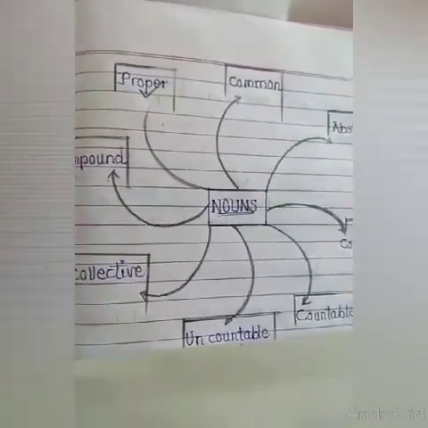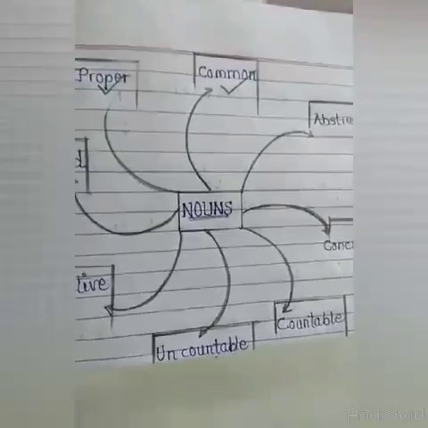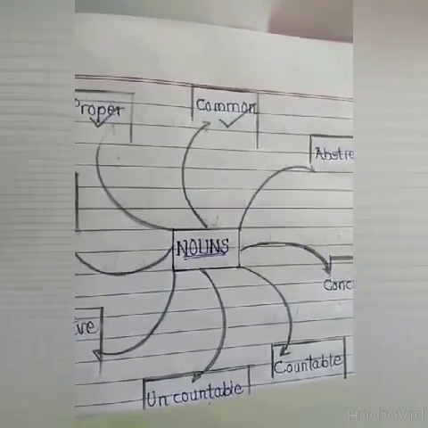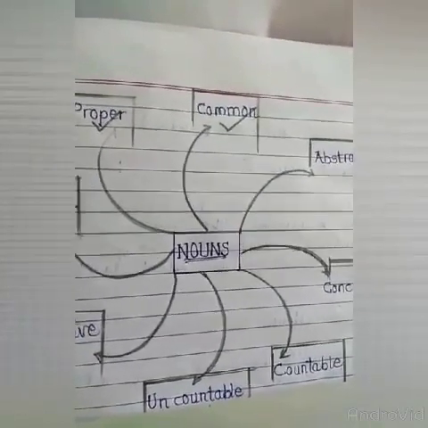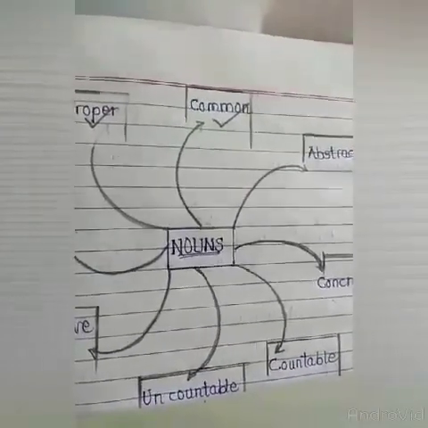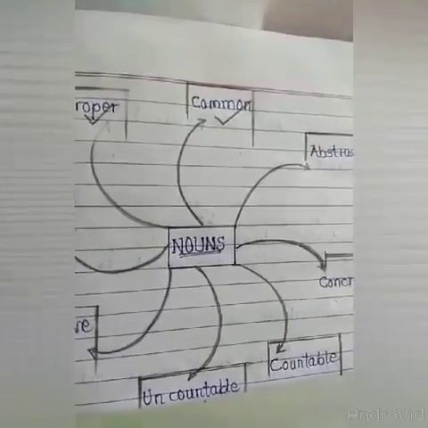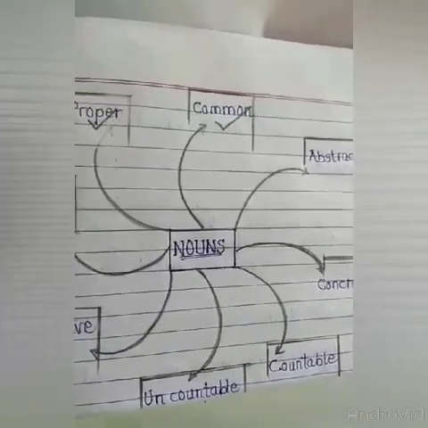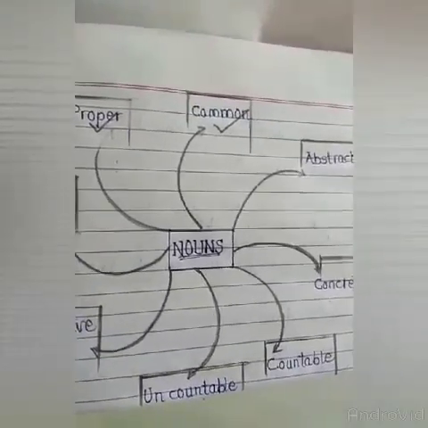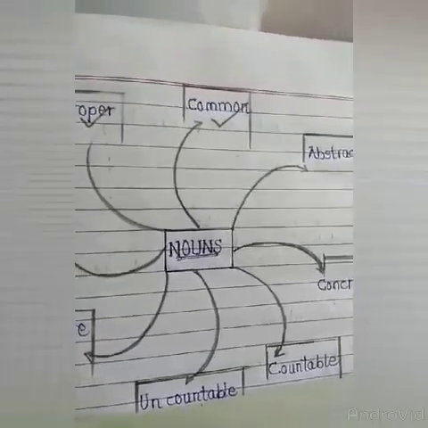Now let's move to another noun, that is common noun. A common noun is a name for something which is common for many things, persons or places, but is not the name of a particular person, place or thing. For example, boy, city, country, month, etc. If I say boy, it can refer to any boy, nothing in particular.